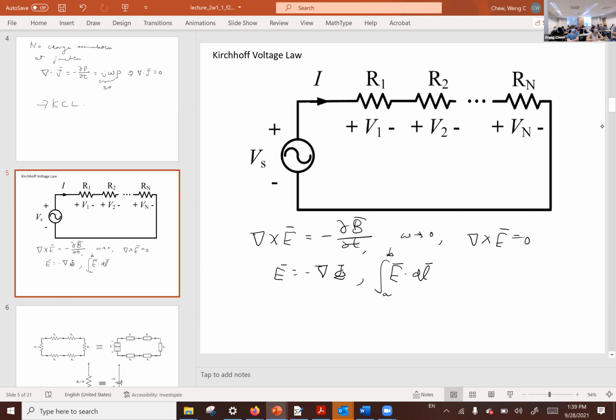And you can show that if you were to integrate this between 2 points, it will be minus gradient of phi dot dl from A to B. And you might have difficulty integrating this equation over a curve, but you can always break the curve into a concatenation of straight lines.